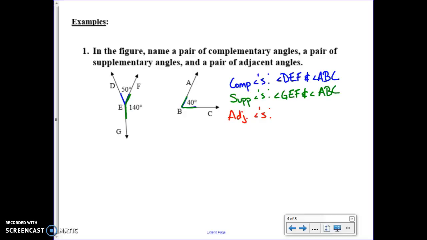Adjacent angles are two angles that are next to each other. So in this case, we have angle DEF and angle GEF. Those are two angles that are next to each other, so they are adjacent angles.